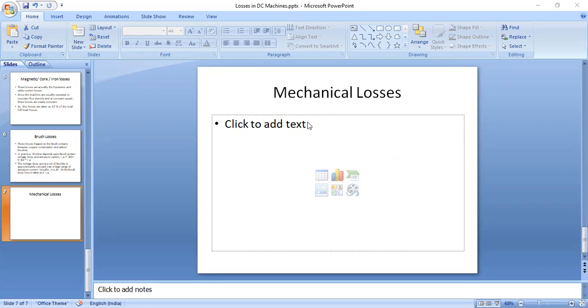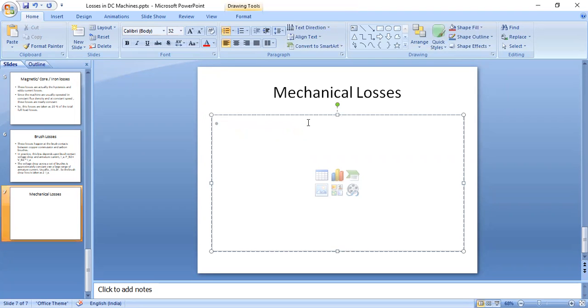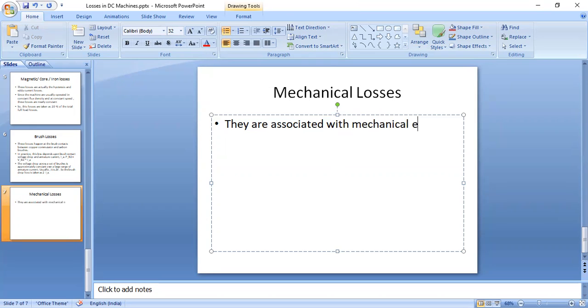So the mechanical losses are the losses associated with mechanical effects.